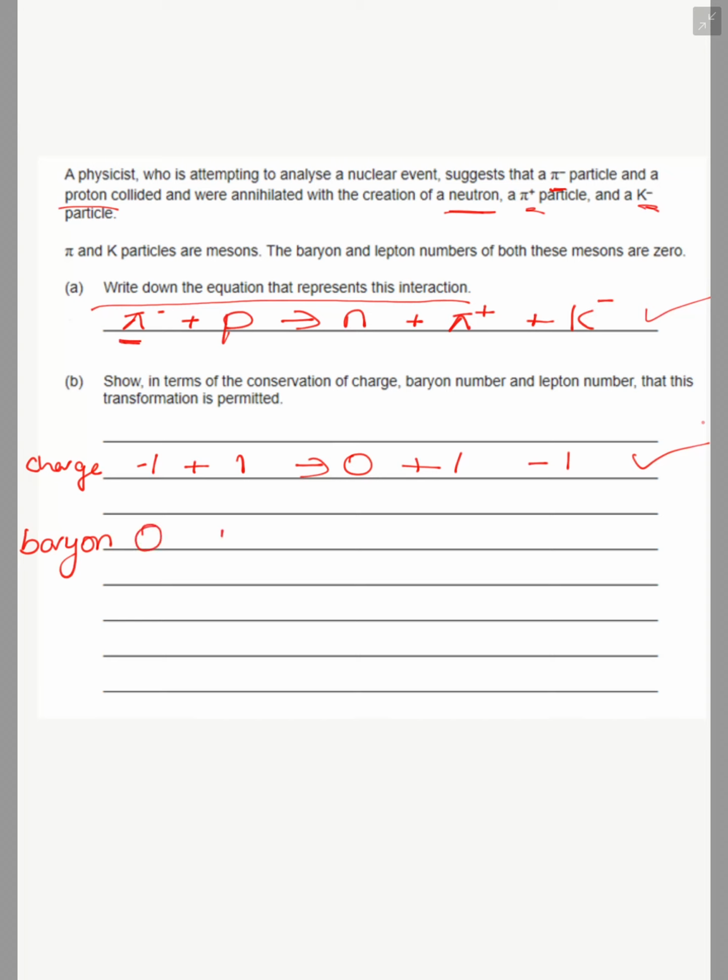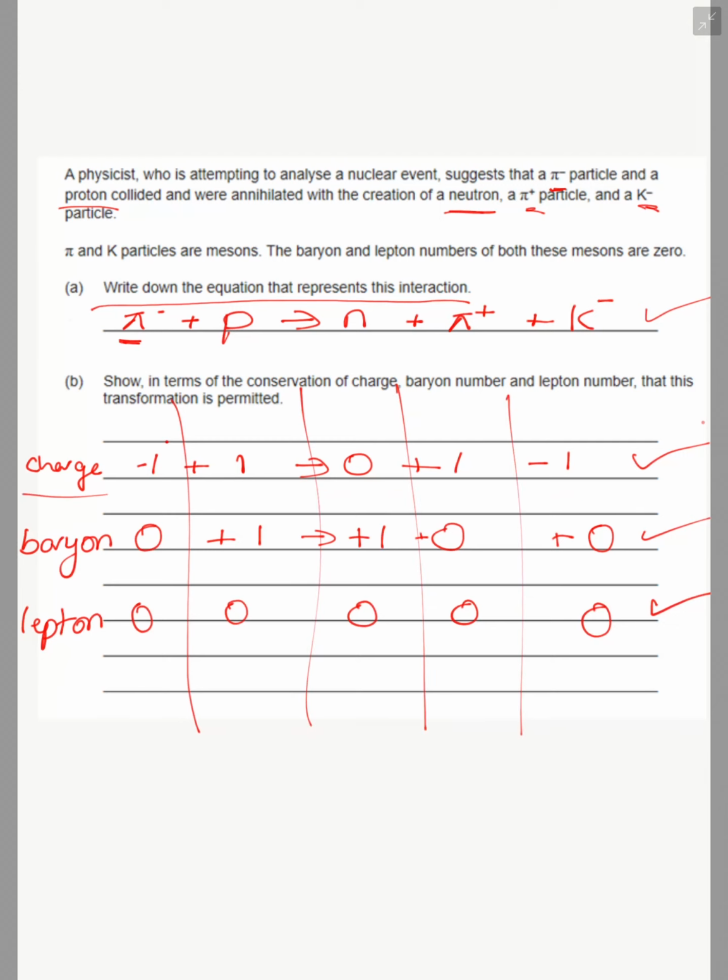Proton's a baryon though. Neutron's a baryon. Pion, as we just said, is not a baryon, and kaons are not a baryon. So there we go. It is conserved. And then your lepton number, pions are not a lepton, protons are not a lepton, neutrons are not a lepton, kaon's not a lepton. Easy. Okay, so there we go. You have just proven that these things are conserved.